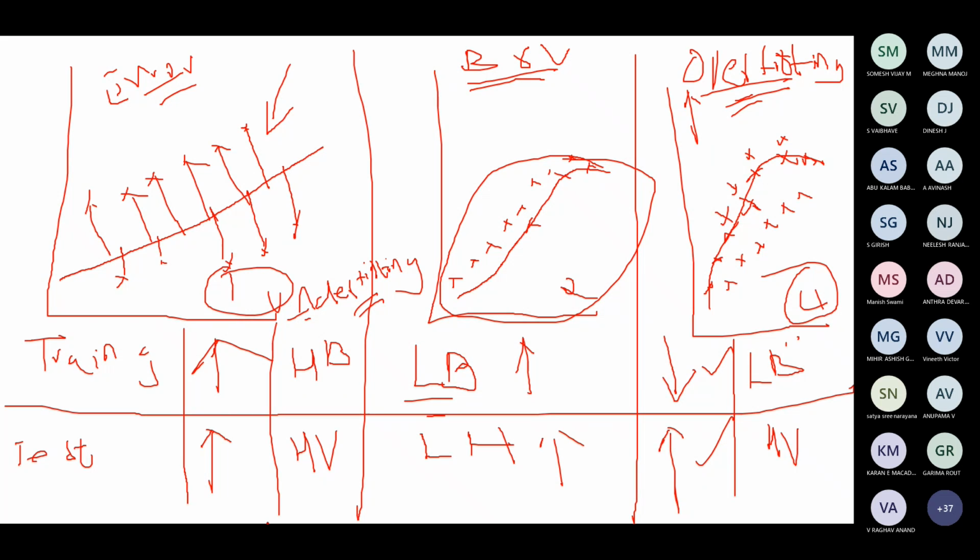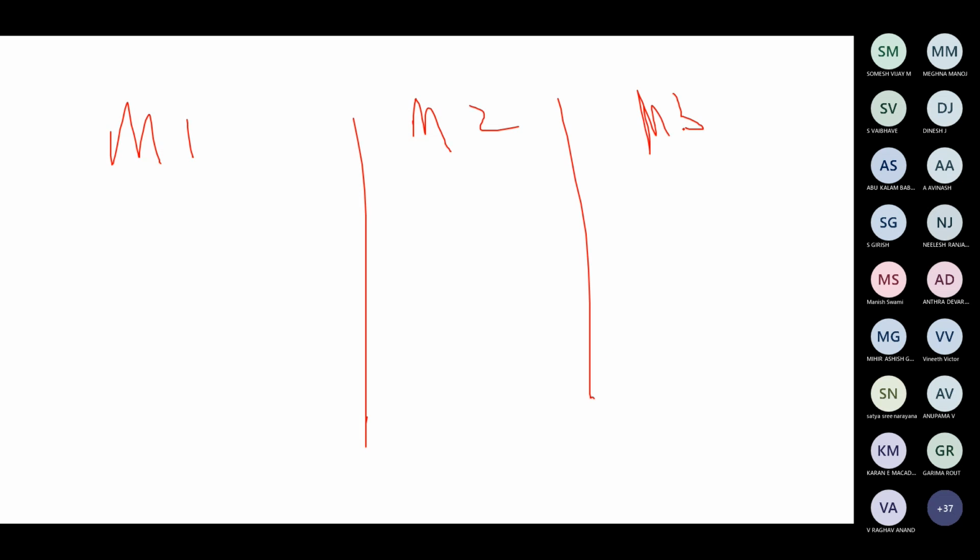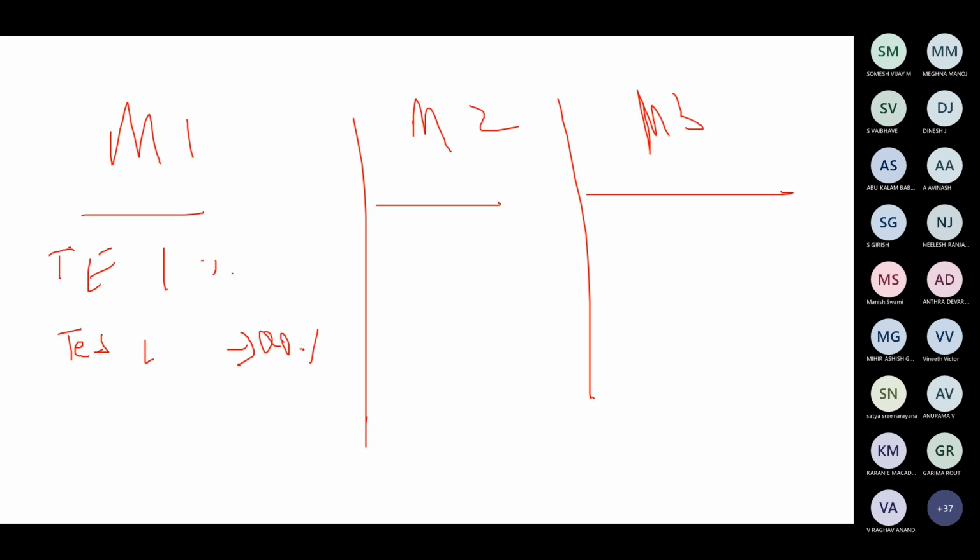Yes, sir. Okay. Now this was with respect to a regression problem. With respect to a classification problem, you have model 1, model 2, and model 3. Model 1 has a training error of 1% and a testing error of 20%.